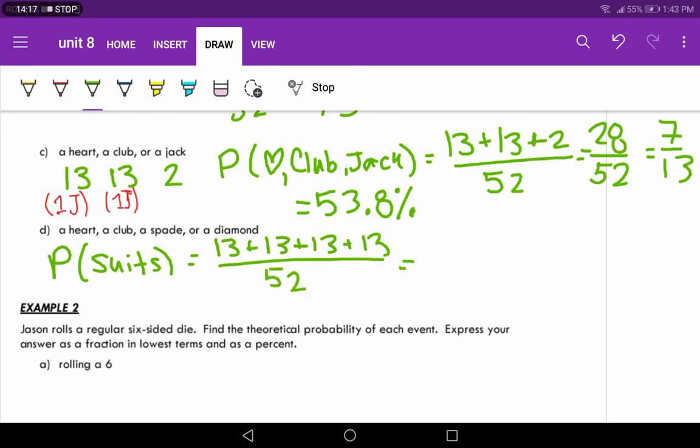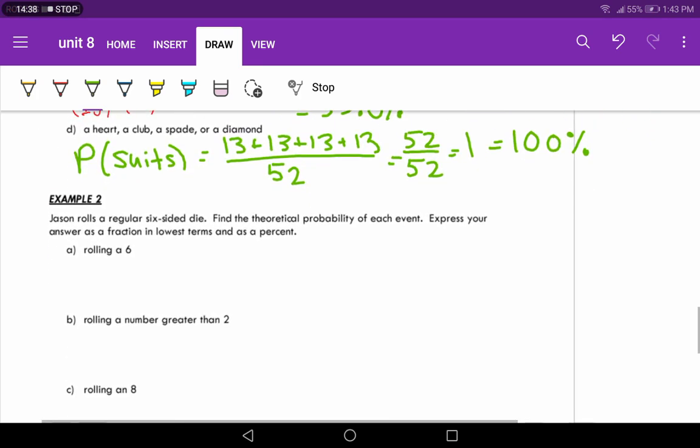If I add 13 plus 13 plus 13 plus 13, I get 52 over 52. Divide that out, that equals 1. That means there's a 100% chance that you're going to draw a suit, right? Which makes sense because this is assuming there's no jokers in your deck, okay?